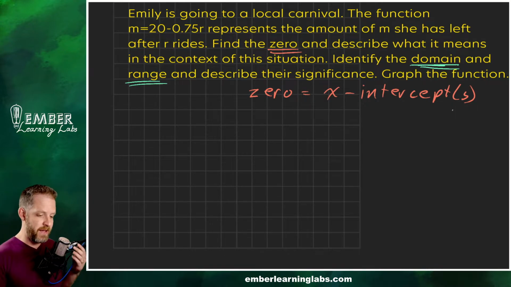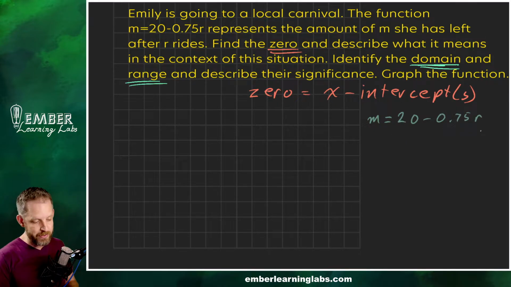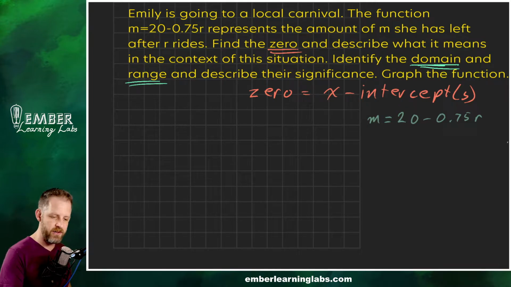So how do we find x-intercepts algebraically? Well, we write down the function m equals 20 minus 0.75r. So we set y equal to 0. Now, what is y in this one? Well, the y is this one by itself. So we're going to set that equal to 0, and then solve for r.